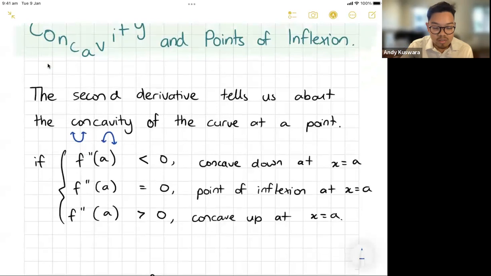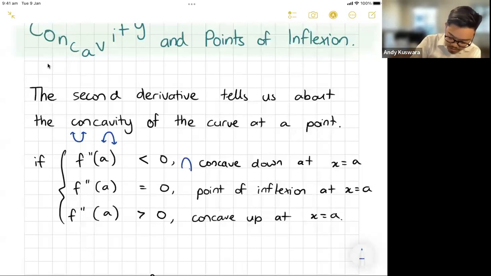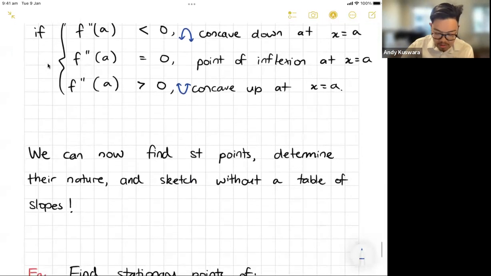If your f double dash a, your second derivative, equals zero, that means you have a point of inflection. And if your f double dash a is greater than zero, your number is positive, so you're smiley, you're going to be concave up. Smiley face. So concave down is this one, concave up, that. Hopefully that makes sense.